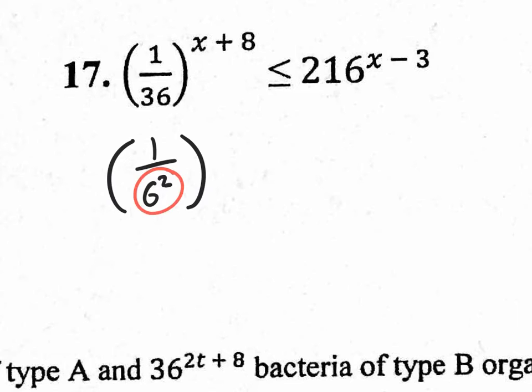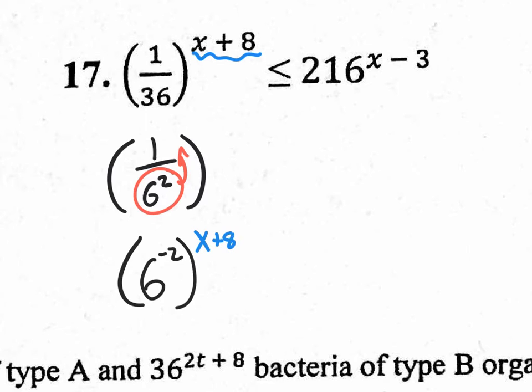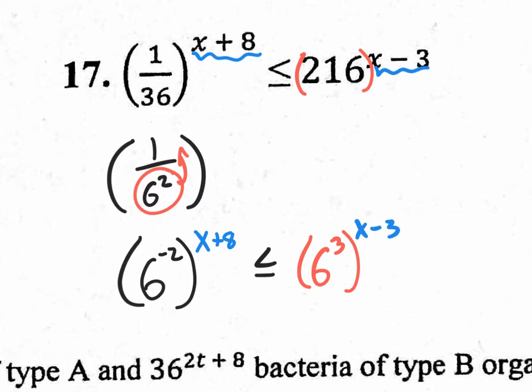And then I want to take that 6 squared and move it up, and it will become 6 to the negative 2 power. Now, it still has the exponent x plus 8. There's still an inequality right here instead of an equal sign. And over here, we said that 216, that could be rewritten as 6 to the third, and it still has the exponent x minus 3.